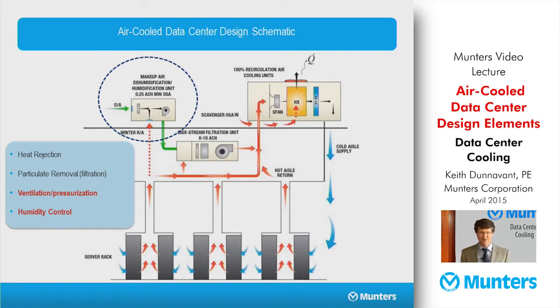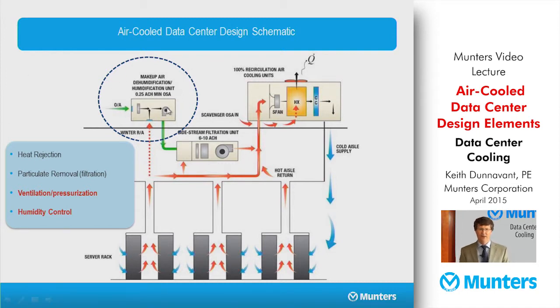And there's been some research as to what is the minimum, and that's 0.25 air changes per hour to maintain good air quality. In some cases, you may have a building that's not very tight, it's pretty leaky, and you may want to provide some additional up to the 0.5 air changes per hour so that you can maintain good pressurization.